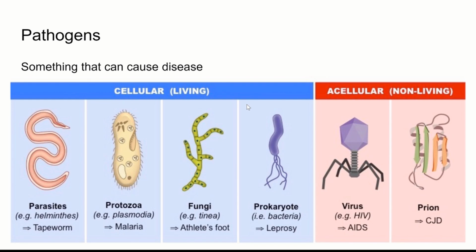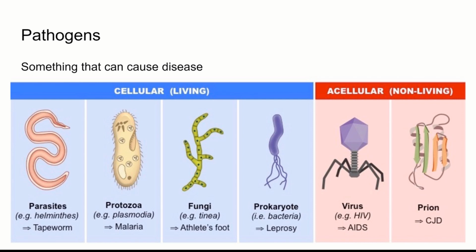So the first thing that we need to understand about the immune system is, what is the immune system even trying to defend against? We use the term pathogens to describe a substance that causes disease.